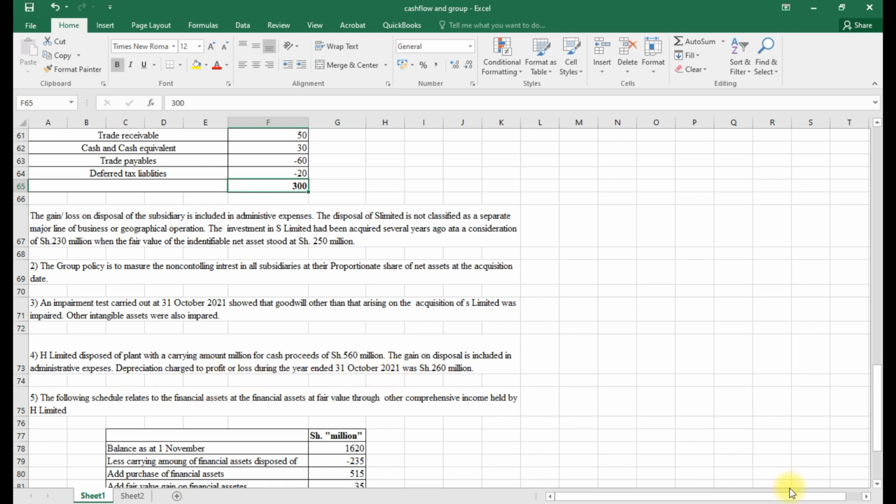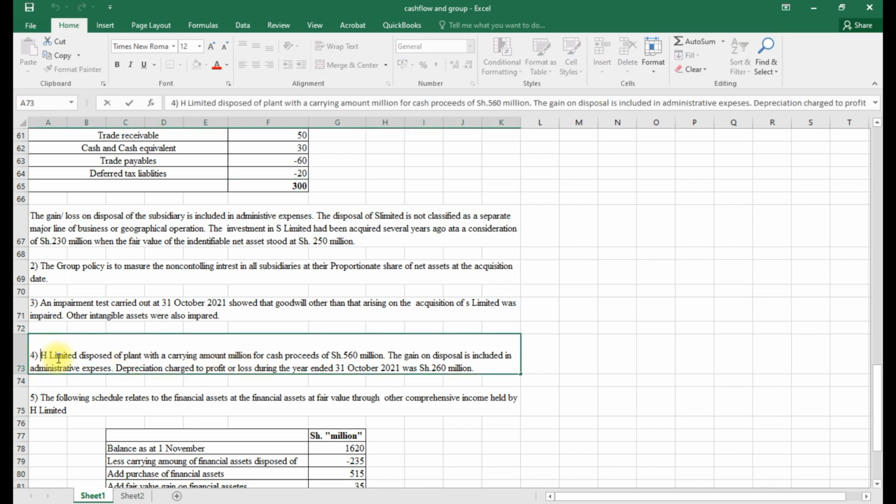So here there is a statement, just a minute, I will correct that. H Limited disposed of a plant with a carrying amount of, I think it was, 440. It's a typo. Carrying amount of 440 million shillings.